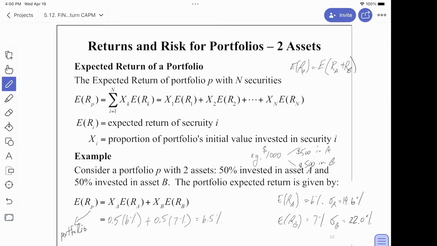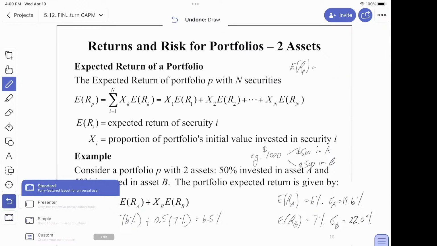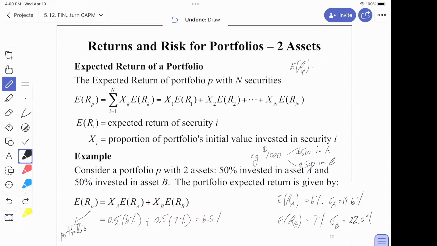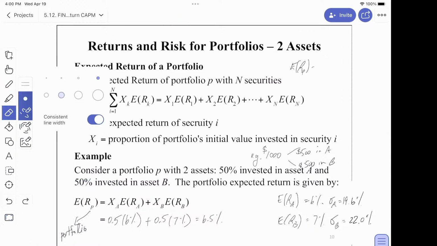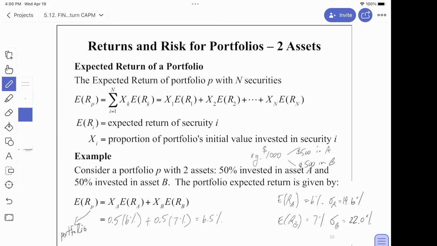And maybe I have to put the weights in, right? I'm going to rewrite this because it always goes over. So what we did was, I'll put it here. Calculate ERP equals the expected return of XA RA plus XB RB.